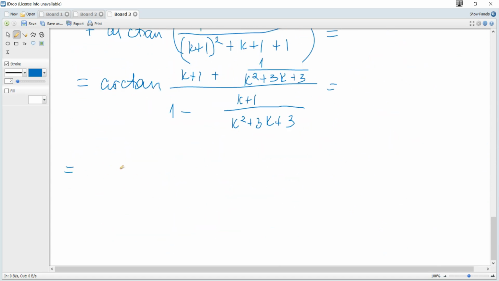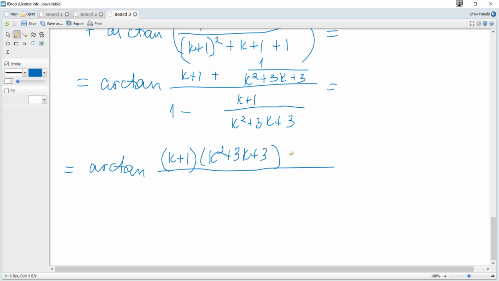So we can multiply each term by k squared plus 3k plus 3, and we get the next: k plus 1 times k squared plus 3k plus 3 plus 1, divided by k squared plus 3k plus 3 minus, notice that k plus 1, and you can open parentheses here, so it's minus k minus 1.